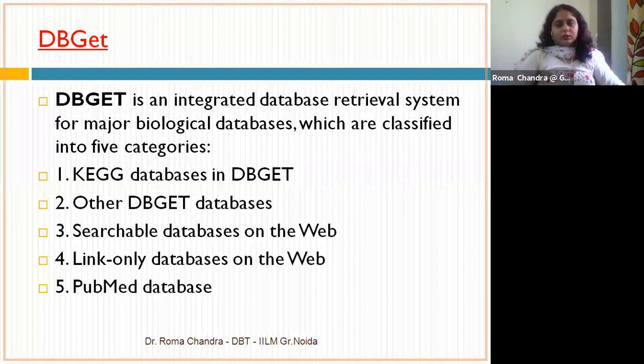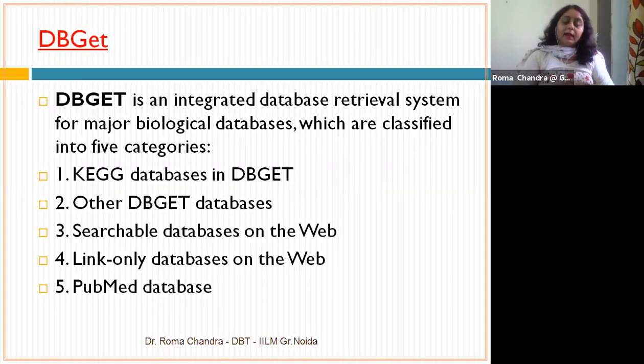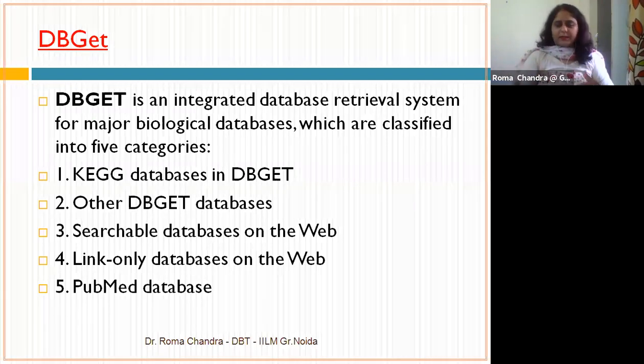Okay, so the third is our DBGET, like the other two information retrieval systems, and it is again an integrated database retrieval system. The major biological databases are categorized into KEGG databases there. Then the other databases dealing with DBGET and the searchable databases on the web, we can link not only these databases, we can link other databases as well to this DBGET as soon as we go with the search.